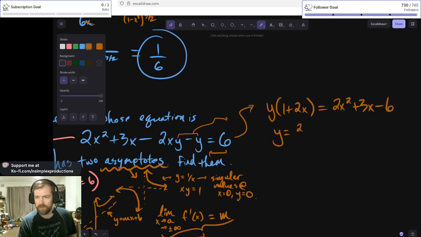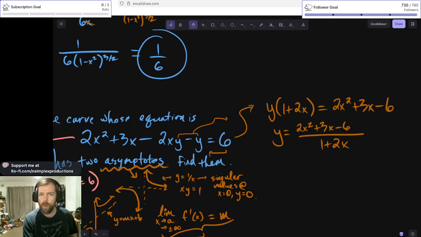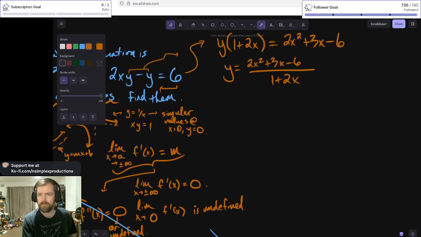So y is equal to 2x squared plus 3x minus 6, all divided by 1 plus 2x. Okay, so here, our asymptotes occur when 1 plus 2x is equal to 0, so that means that x is equal to negative 1/2.